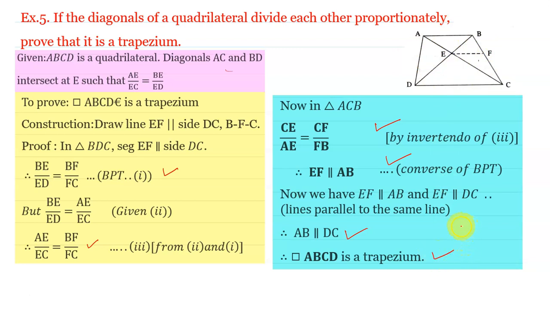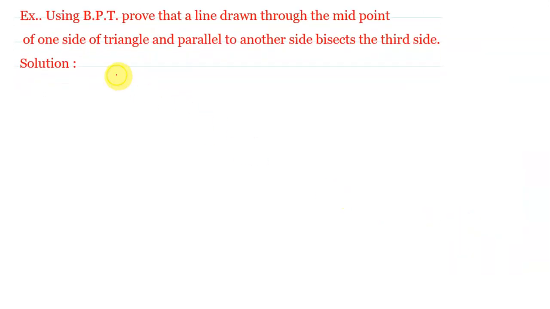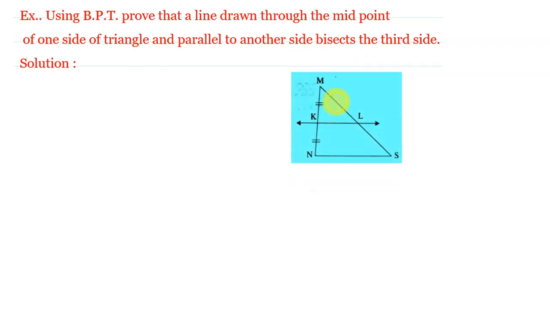Okay. Now the next question. Using BPT, prove that a line drawn through the midpoint of one side of a triangle and parallel to another side bisects the third side. Now see this here.